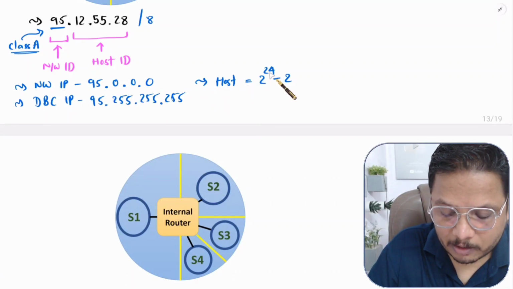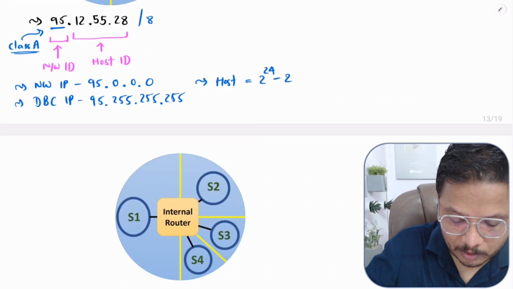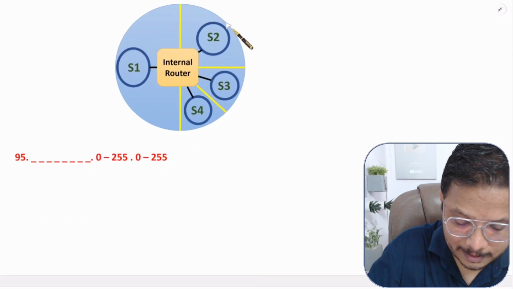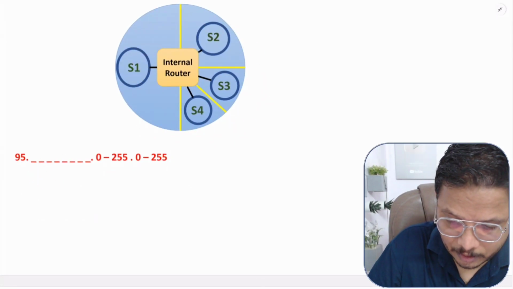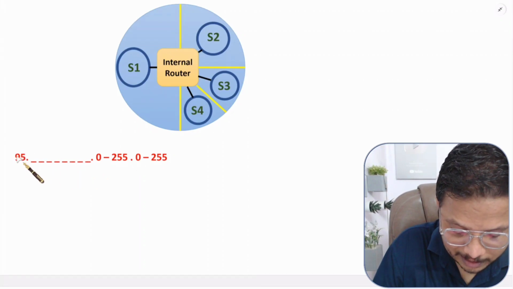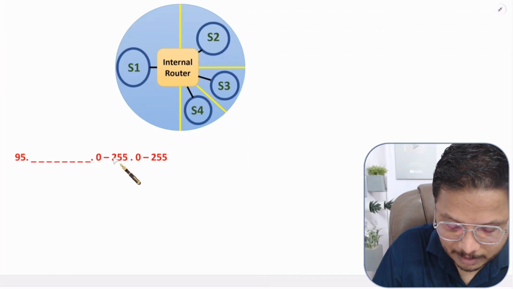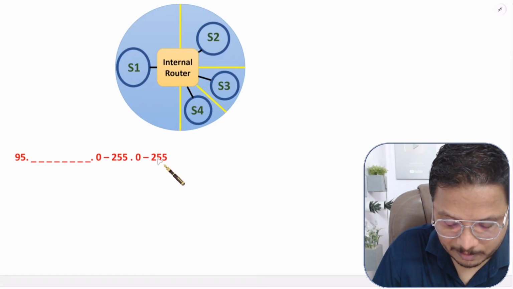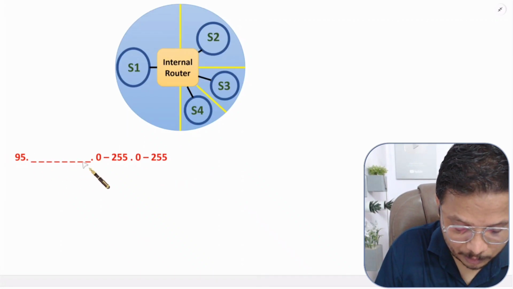So 2 to the power 24 minus 2, that many hosts were possible. Now I'm going to bisect this network ID into 4 parts. For that, you need to be careful with these 8 bits. You see 95 has 8 bits, then another 8 bits will be there, then another 8 bits, and then another 8 bits. So this second 8 bits we need to watch carefully.